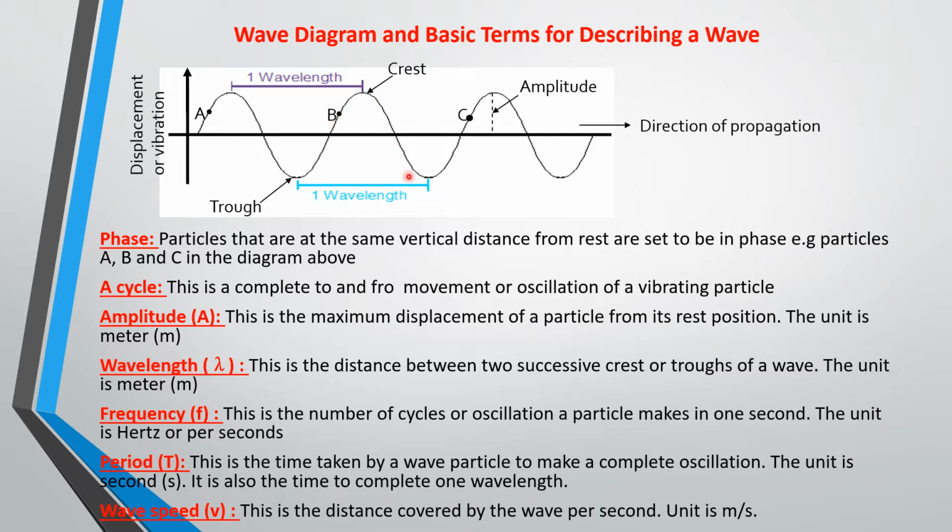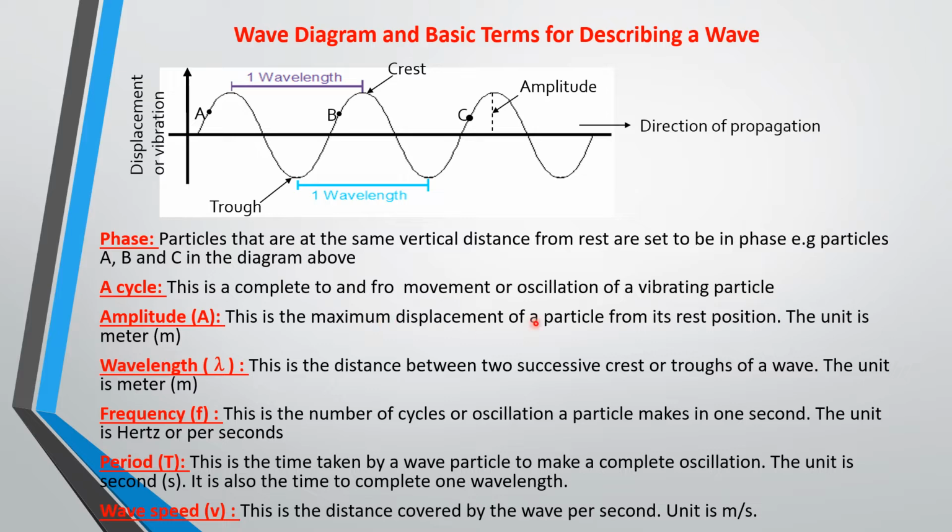From this point to this point again is another cycle, and this point to this point is another cycle. So this particular wave that I drew has 3 cycles on it. That is how you can measure the number of oscillations of a wave, depending on the equation that you are given. Is that okay?